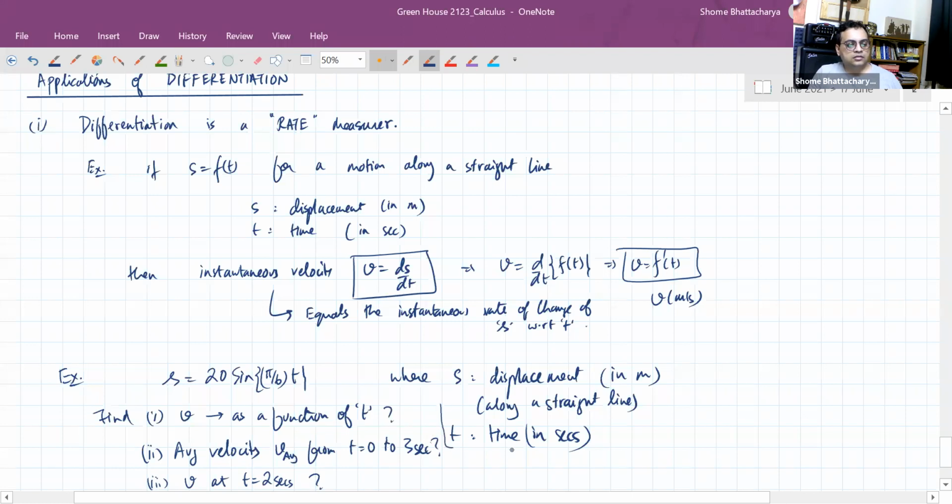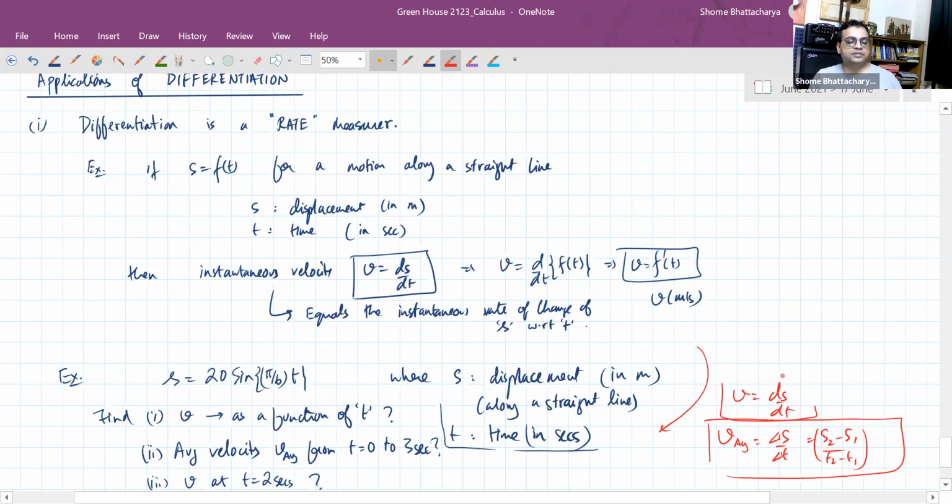So let's see. We will directly use this concept that instantaneous velocity is the rate of change of displacement with respect to time, and average velocity is the average rate of change of displacement. So we can write it as s2 minus s1 upon t2 minus t1. Just the treatment we have done to functions, the same treatment we'll do here.